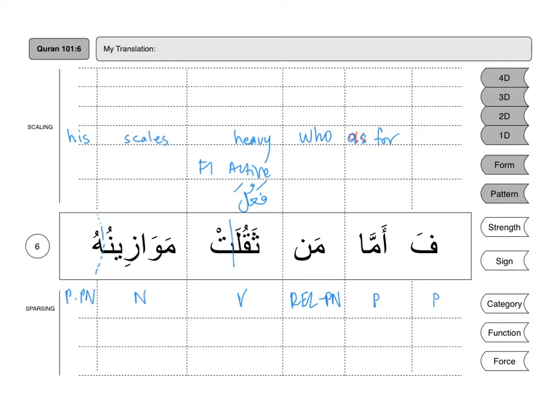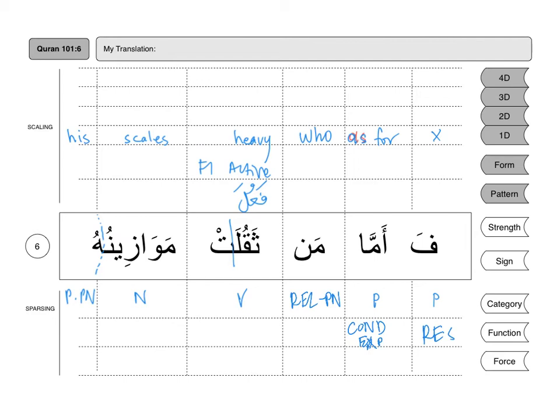فَأَمَّا مَنْ ثَقُلَتْ مَوَازِينُهُ. Fa is a particle of resumption, therefore we don't translate. Amma means as for, and is called a particle of condition and explanation.